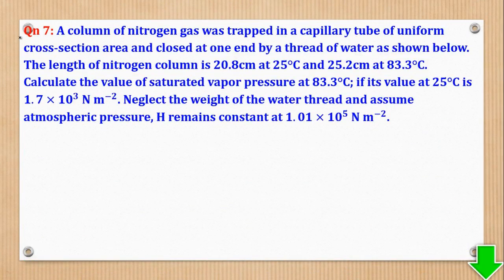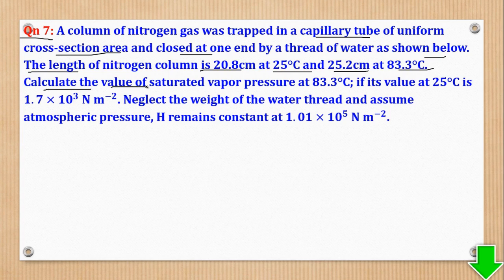So now we shall go to question 7. It says, a column of nitrogen gas was trapped in a capillary tube of uniform cross-section area and closed at one end by a thread of water as shown below. The length of nitrogen column is this at 25 degrees Celsius and this at 83.3 degrees Celsius.